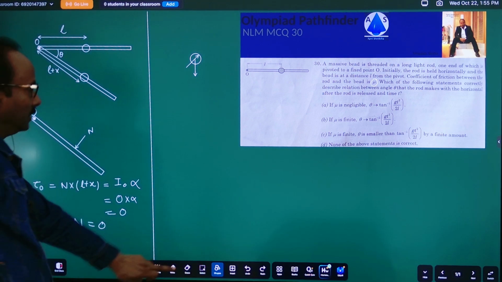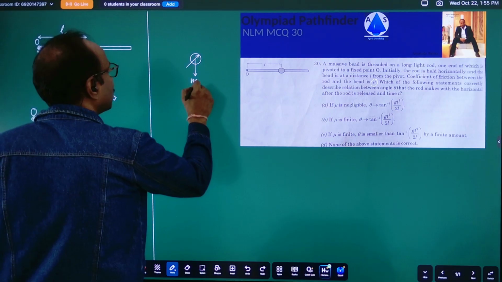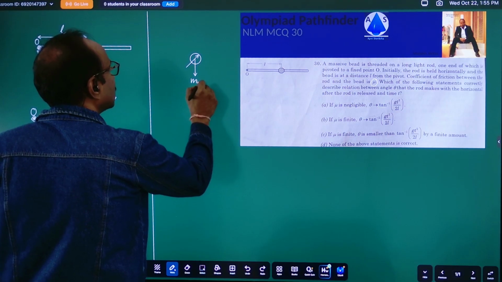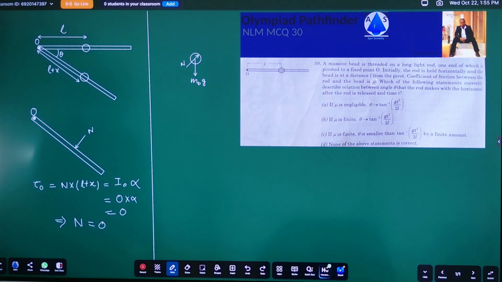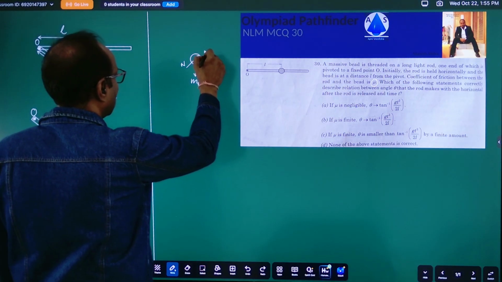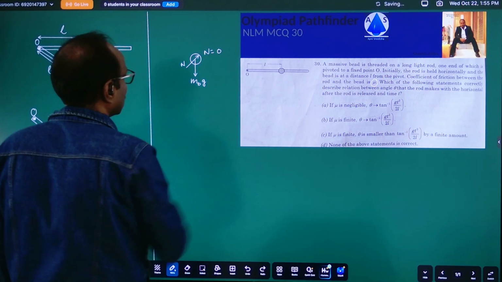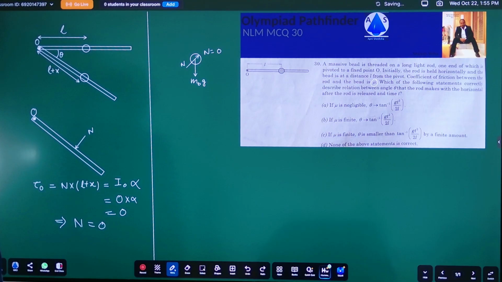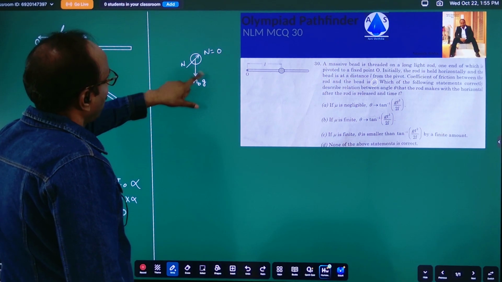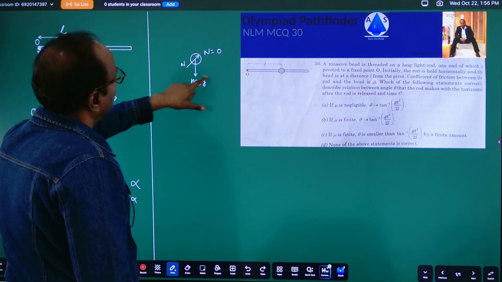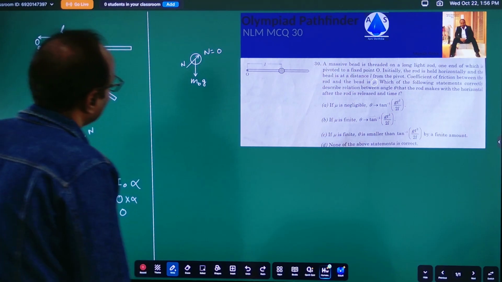If we say that the mass of the bead is mb, so mb into g, and this will be N. But N we already got 0. So on the bead, only mbg is working.